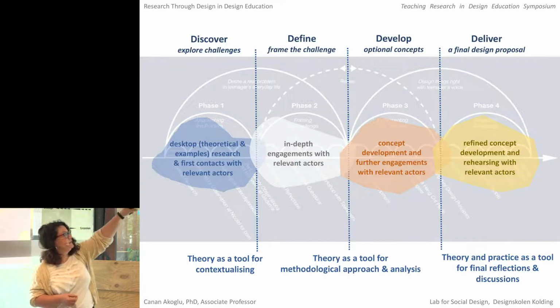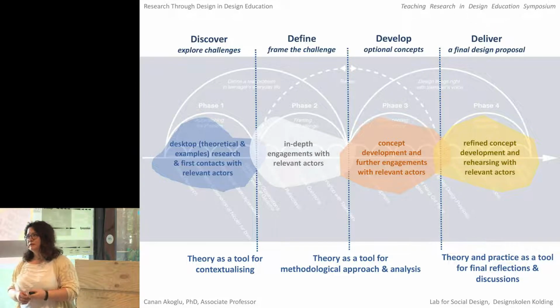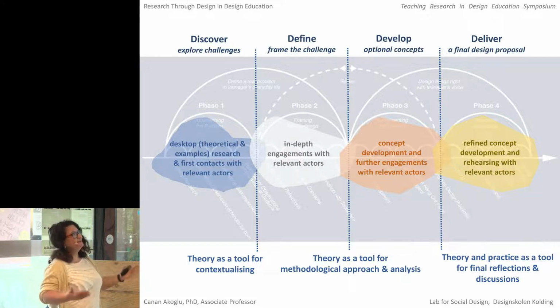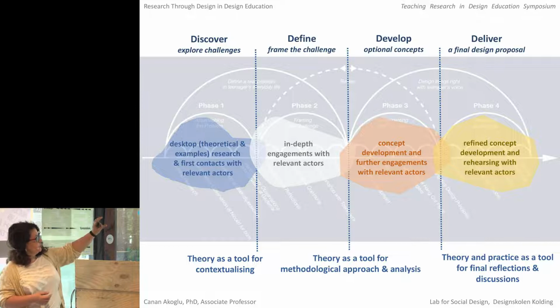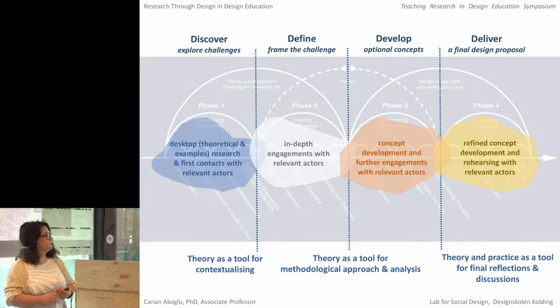So if you see the 4 phases of the design process here, I use them as a background model, but I also worked on what we are doing and how we are guiding our students in the very final education step in their master education at Design School Kolding.